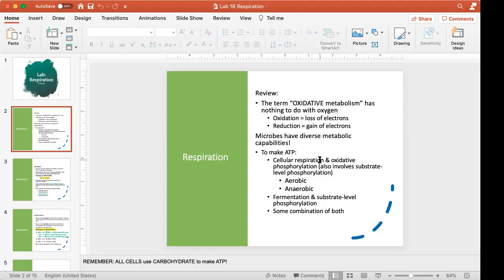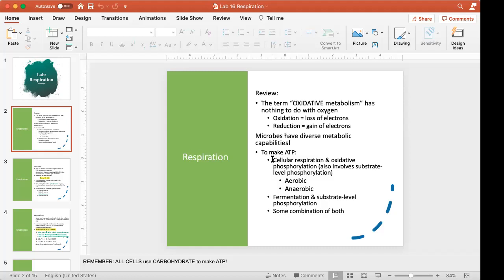Later on in cellular respiration, remember, we go through glycolysis, then we go through pyruvate processing, then we go into the Krebs cycle. During the Krebs cycle, we get a little more ATP from substrate level phosphorylation.